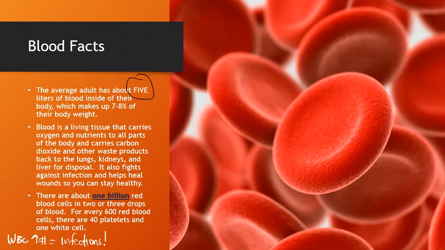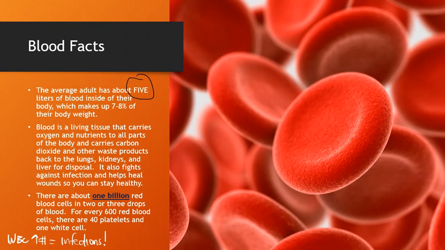If you are a male that weighs about 180 pounds, almost 15 pounds of your weight will be blood. So if someone cut you, and if someone drained you out, and then re-weighed you after you have no blood in your body, you will weigh about 15 pounds less. That's quite a bit, right?